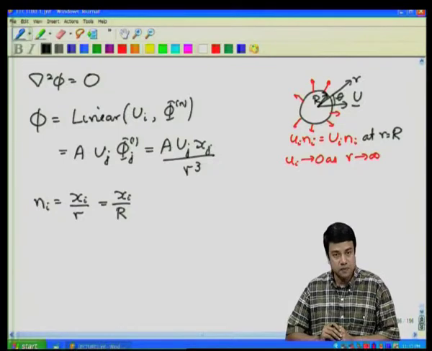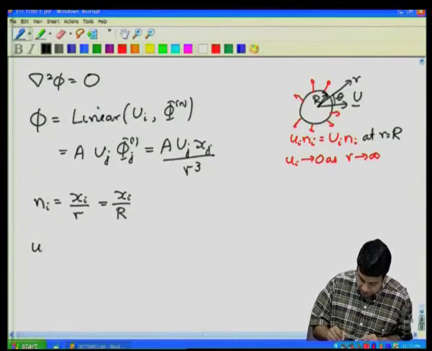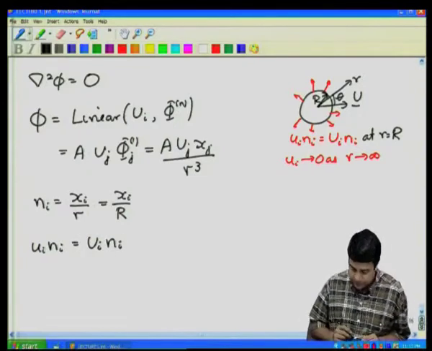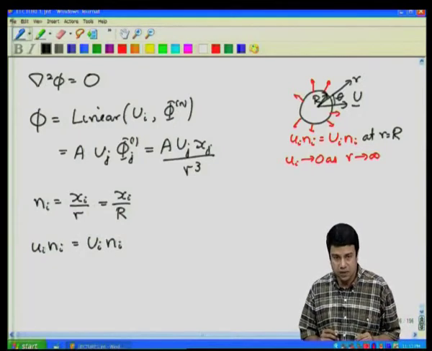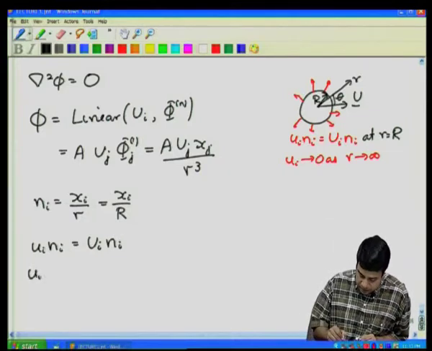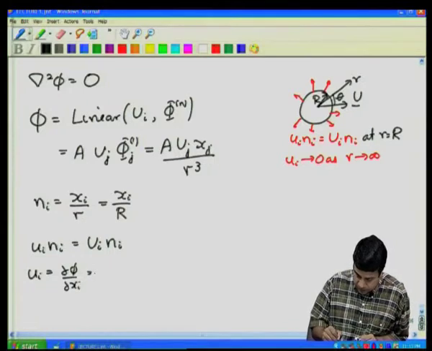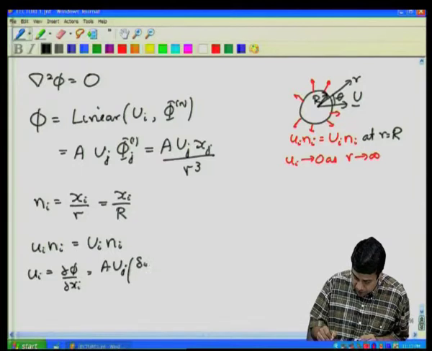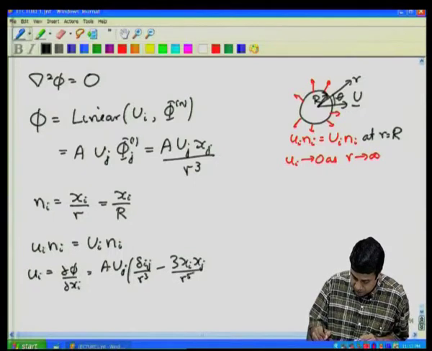So, we can impose this boundary condition, u_i n_i is equal to capital U_i n_i. As you recall, u_i is equal to partial phi by partial x_i, which is equal to A u_j into delta_ij by r cubed minus 3 x_i x_j by r to the power 5.